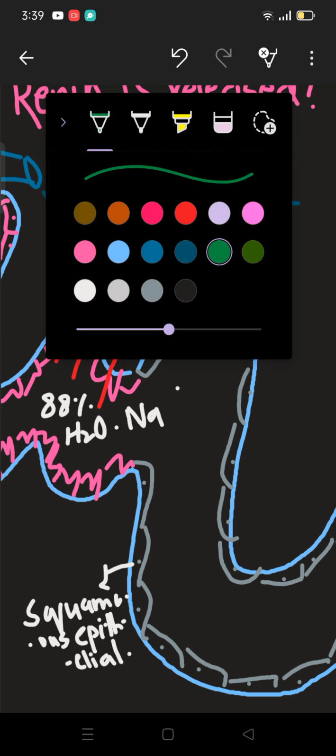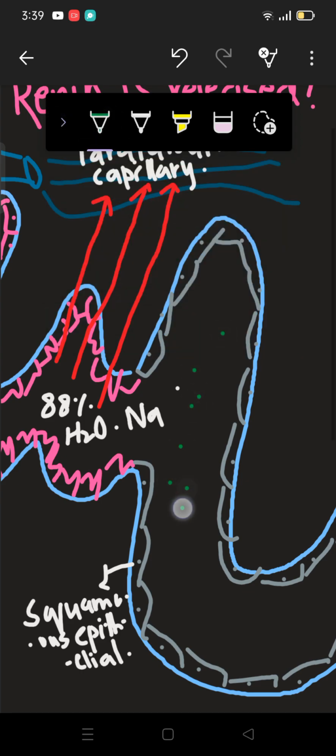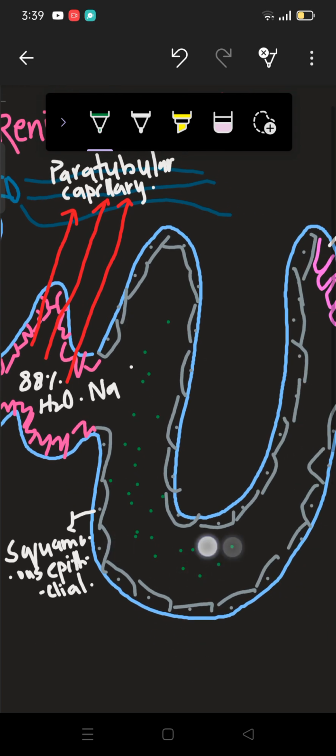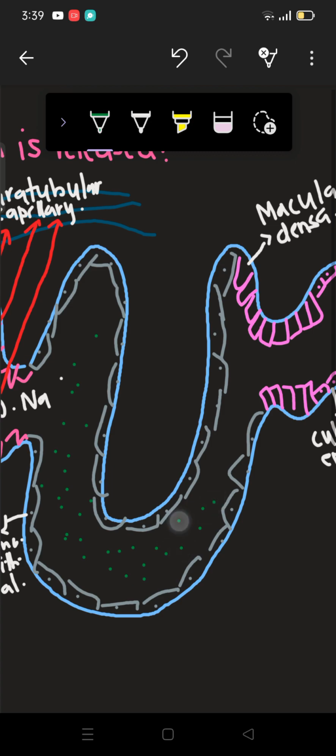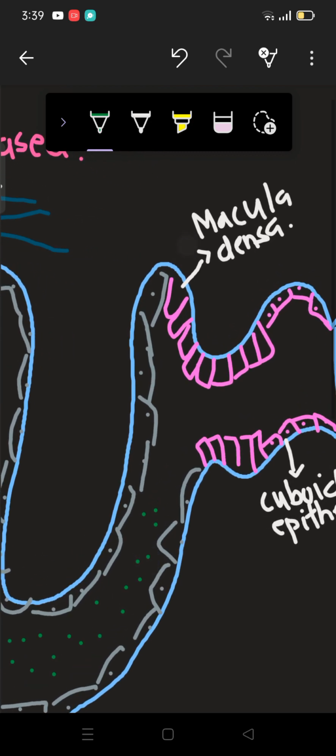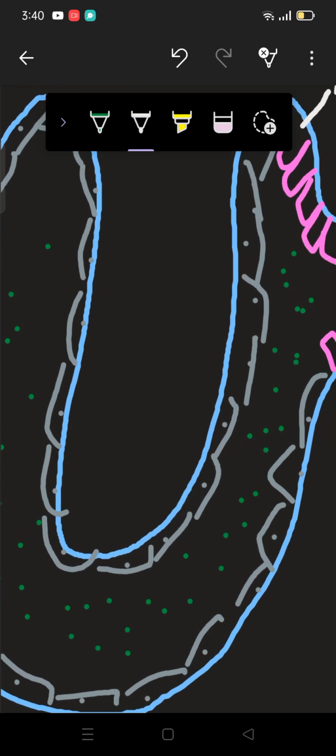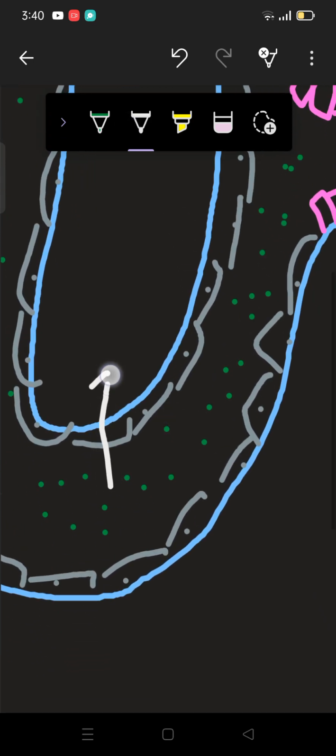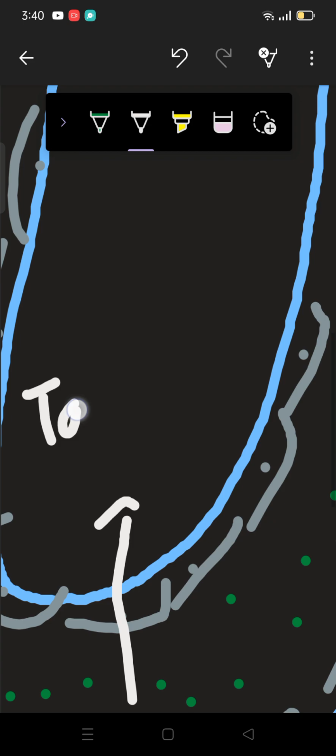So now this filtrate will first go to the loop of Henle, and then from the loop of Henle it will go to the DCT. Now this filtrate is tasteless, because the salts are already absorbed.